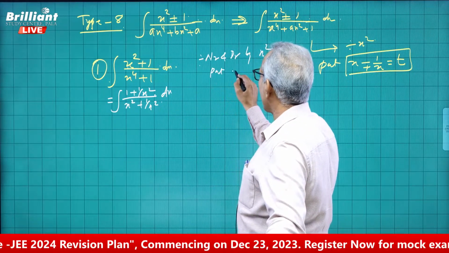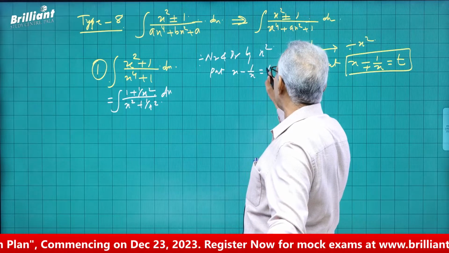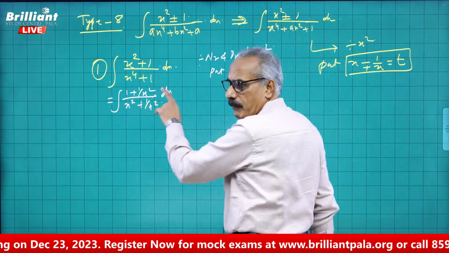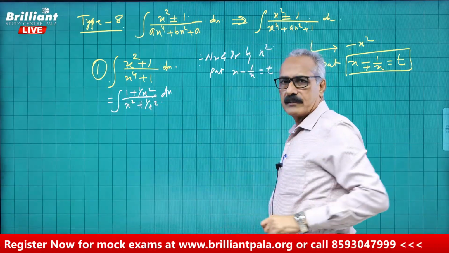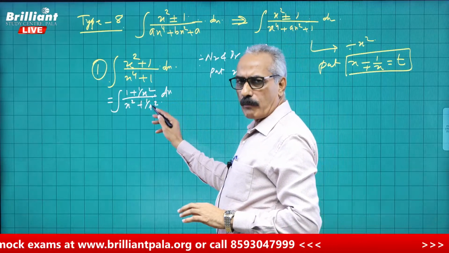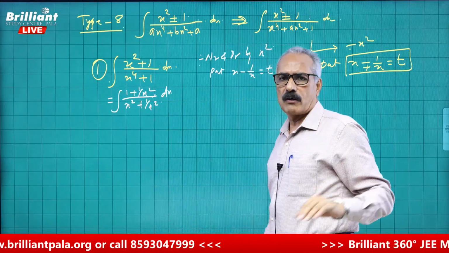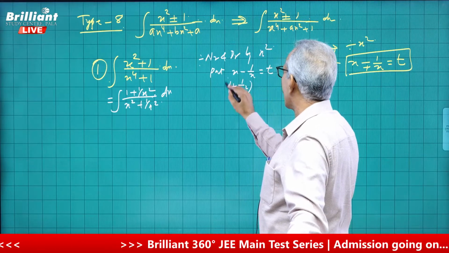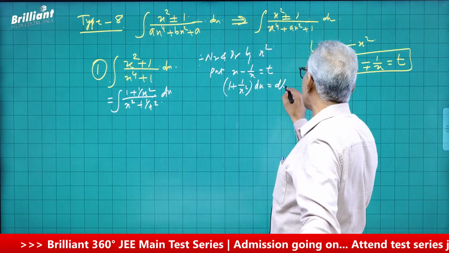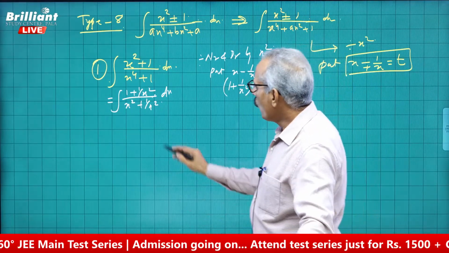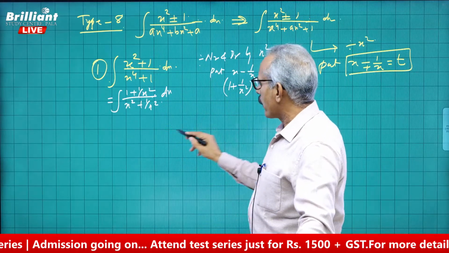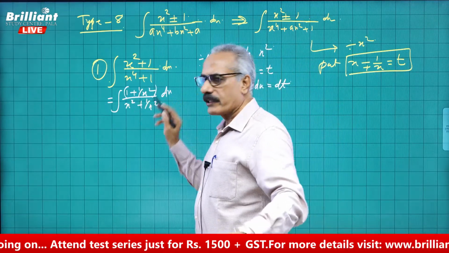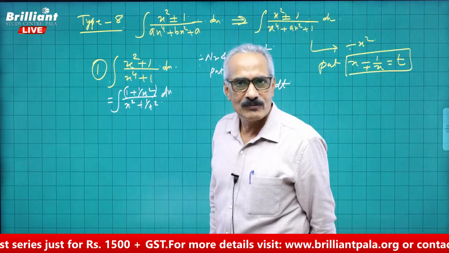Now, what do we do? We put x minus 1 by x equal to t. Here it is 1 plus 1 by x square, so put x minus 1 by x. If it is 1 minus 1 by x square, put x plus 1 by x. That is all. So, differentiating, 1 plus 1 by x square dx is equal to dt. I substituted the numerator along with dx, so that is taken care of.